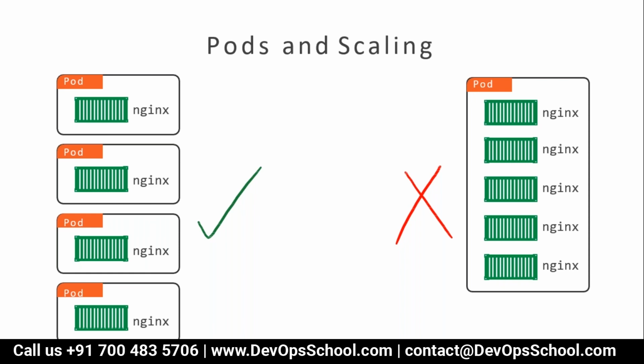Any other perspective would you like to share with me? Think about it. If you want one more container or pod for nginx, it's not possible in the right scenario. See here, guys, you have only one IP address for the pod. So if you run 5 nginx, the load balancer will balance only one nginx, not all 5.